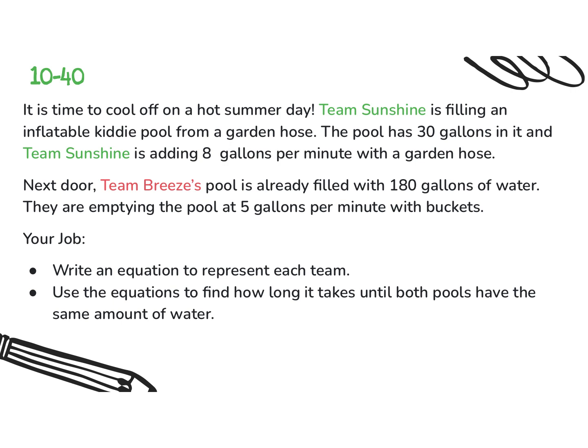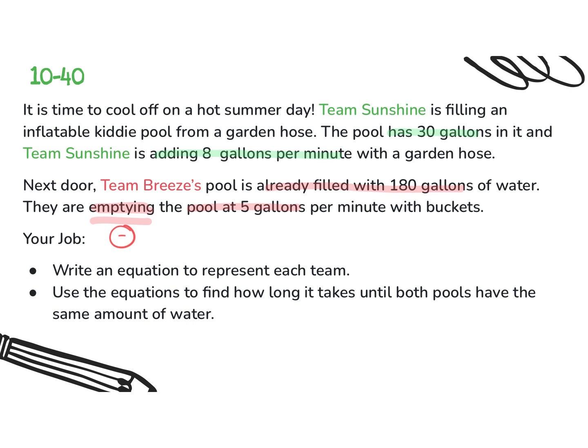The pool has 30 gallons in it, and they're adding 8 gallons per minute. Okay, let's take a peek at Team Breezy. The pool is already filled, and they are emptying. That is very important, at 5 gallons. Hopefully you can make the connection that this is our negative right here.